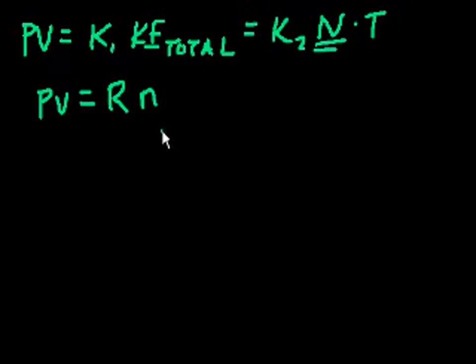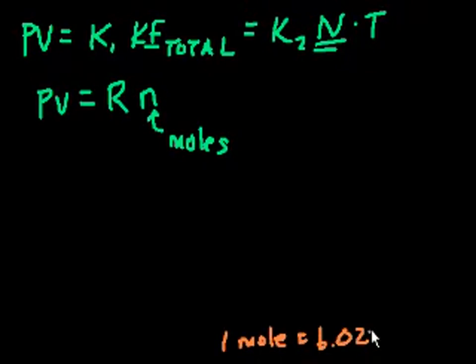But now this n, I'm counting in moles. If n is 1, that means I have 6.022 times 10 to the 23 molecules. So this is just another way to write the number of molecules, times temperature.